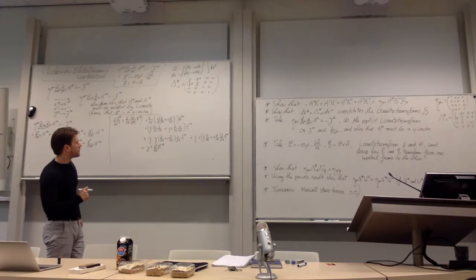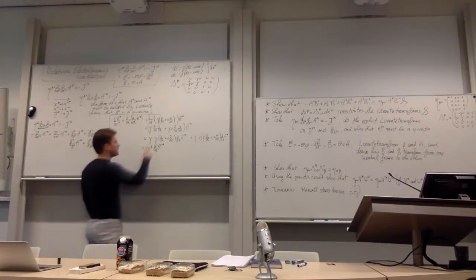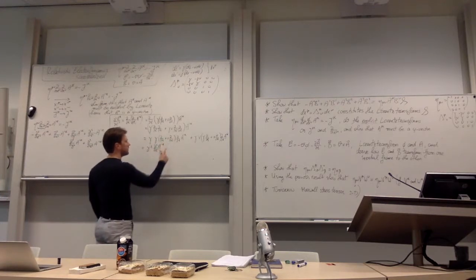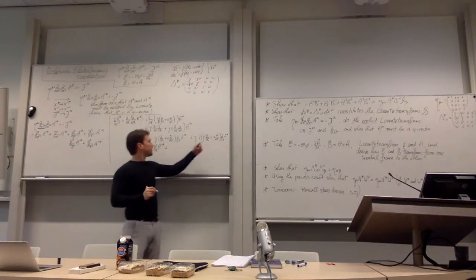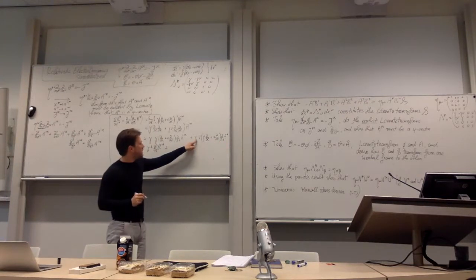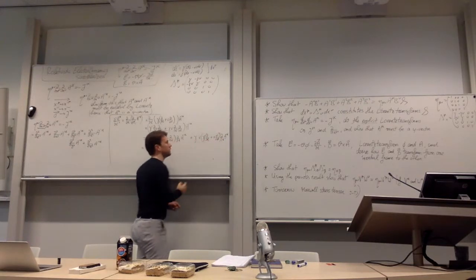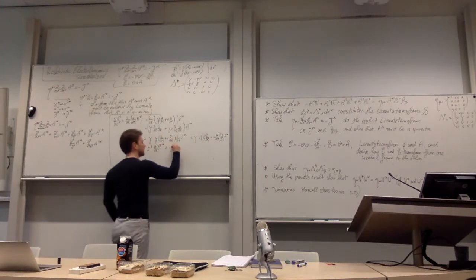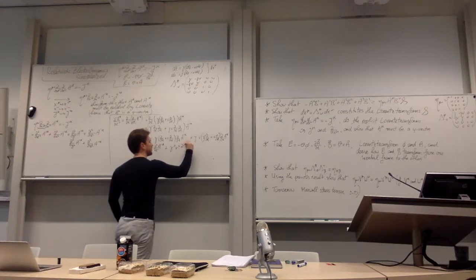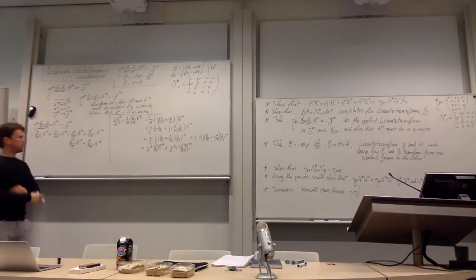I think this is correct. Okay, good. So that's these two together. I also see a second derivative with respect to x here. And that one comes with a gamma squared v squared. Where did v squared come from? Oh, sorry, I didn't see it. Okay, got it.